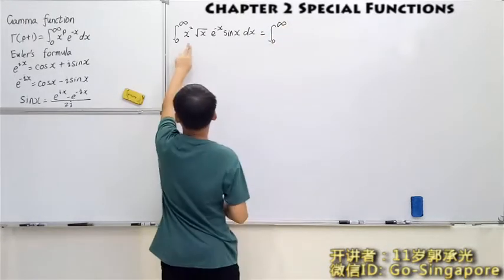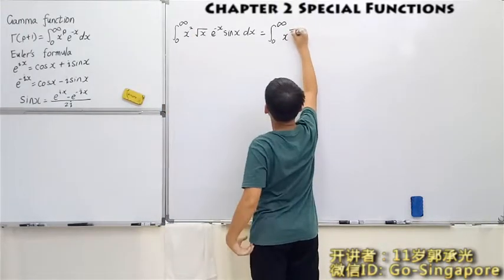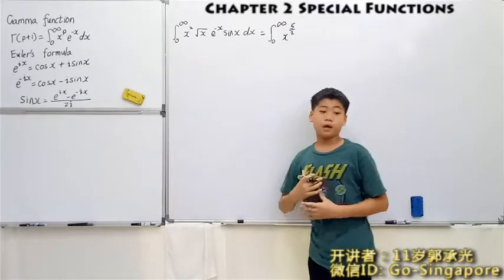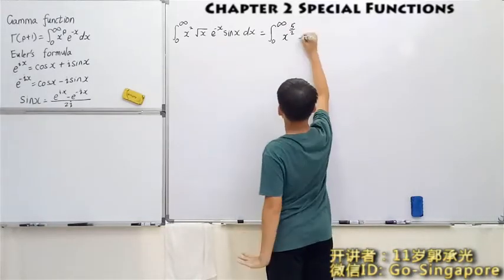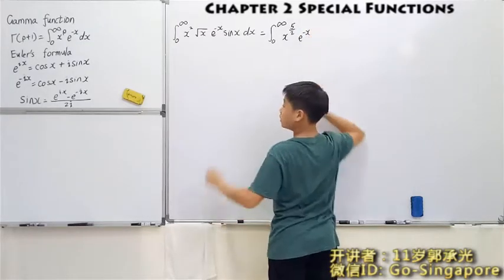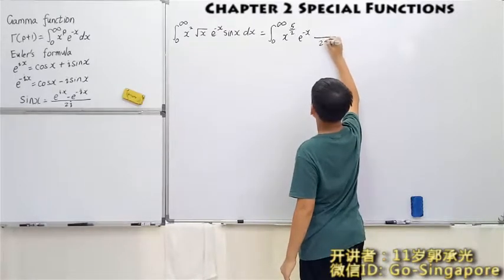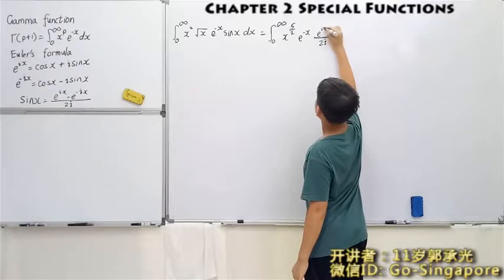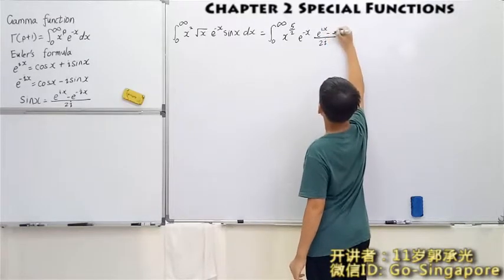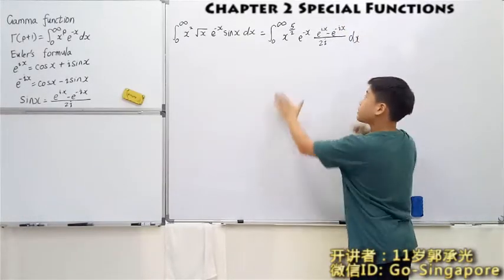So let's start this. x squared and the square root x, combine them, and you'll get x to the power of 5 over 2. But this exponential part, it stays there. Sine x, substitute in that Euler's formula. Then you'll get something like this.